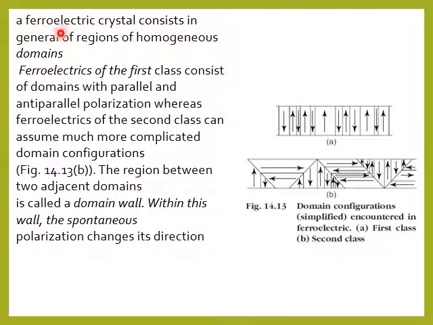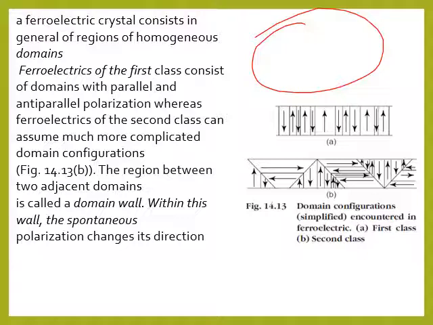Actually, in a ferroelectric crystal, there are certain regions of homogeneous domains. This crystal is divided into certain regions. This is a ferroelectric crystal, and these small portions are called domains. So first we see what domains are. This small region is one domain.